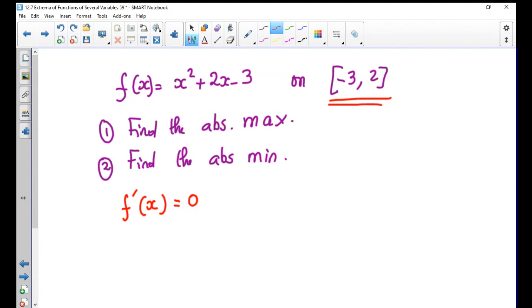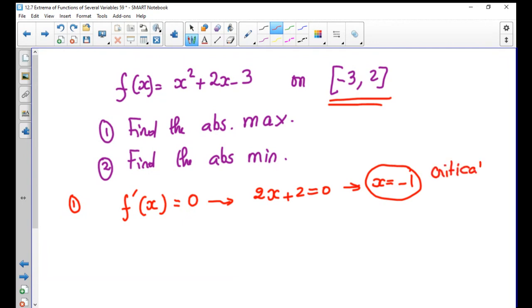That means 2x plus 2 equal to 0. That means x equal -1. So this is the critical value, and this number is in the interval, so we're okay.